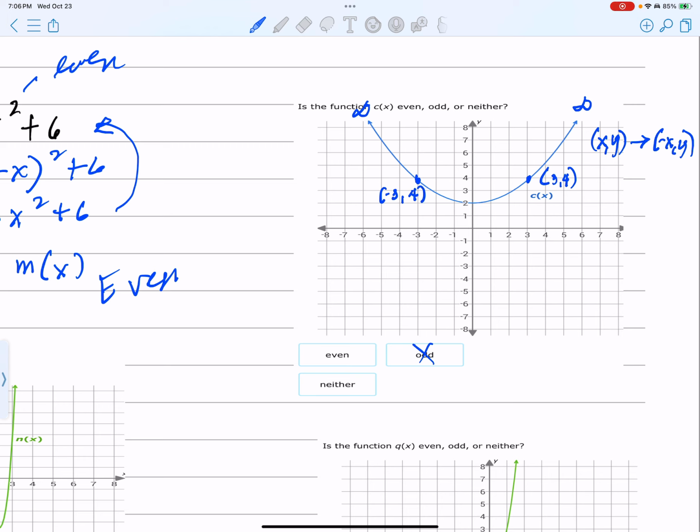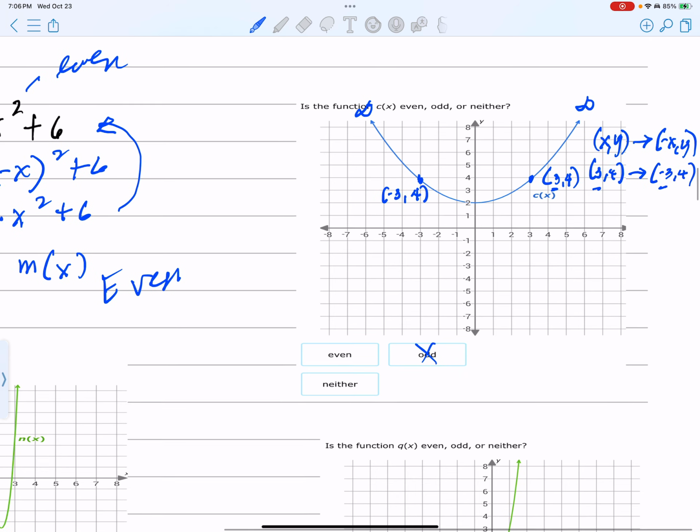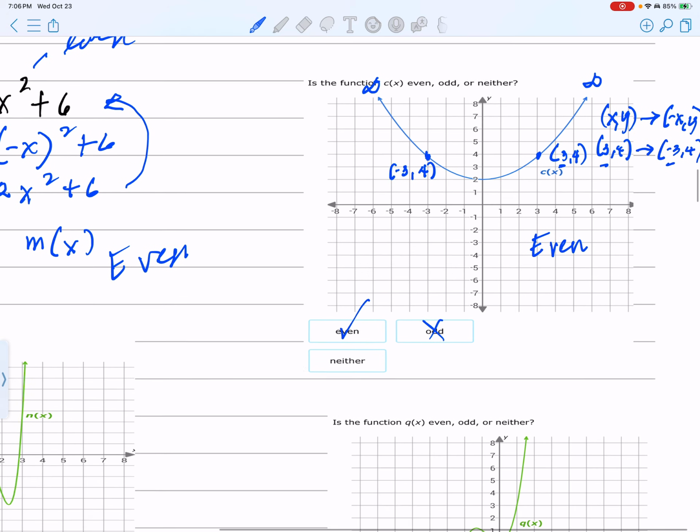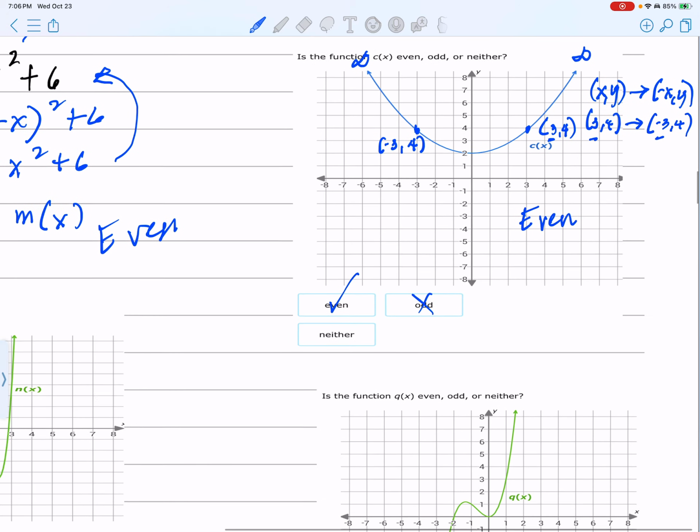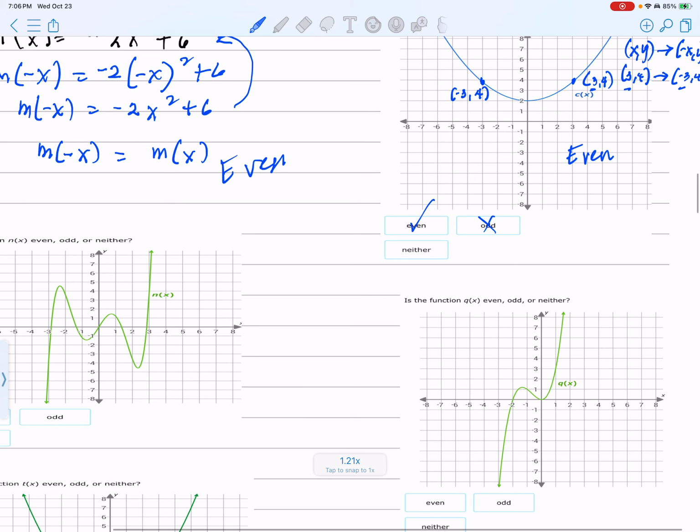You see that 3, 4 maps to negative 3, 4. What changed is only the x coordinate, and the y coordinate remains the same. So in other words, this is an even function. Okay? Very easy, right? Let's do the second graph.